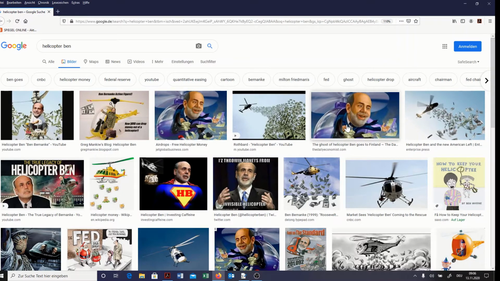So Ben Bernanke was the pilot of this helicopter and was distributing money supply. He was in charge during the time period of the great financial crisis in 2008-2009. During this time, the Federal Reserve performed an expansionary monetary policy, and therefore Ben Bernanke received this nickname, Helicopter Ben.